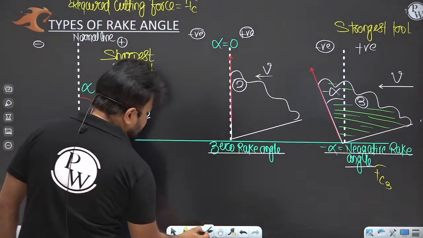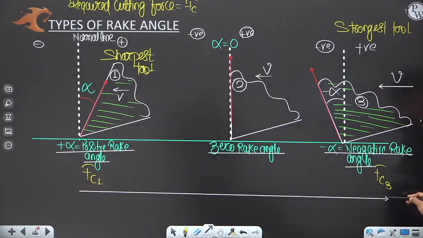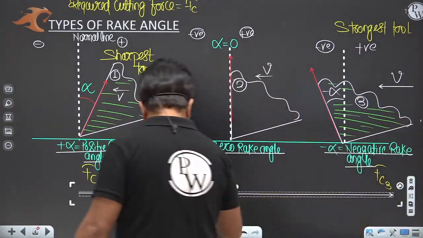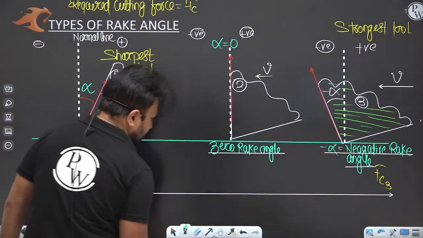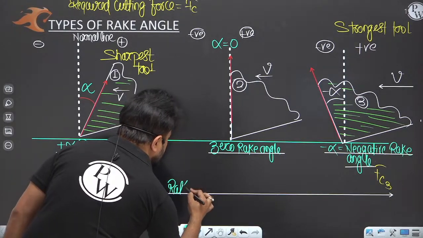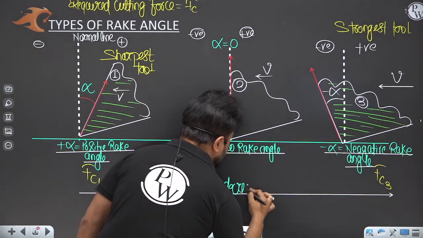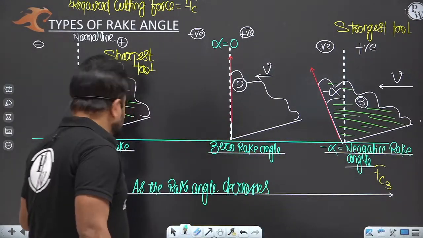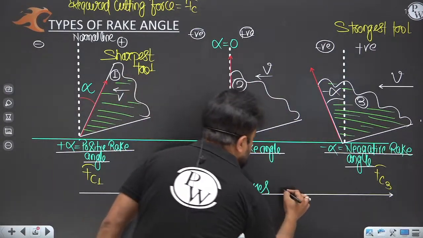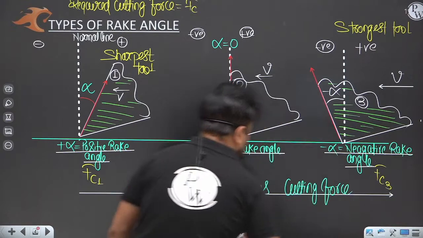As the rake angle decreases from positive to negative, the cutting force increases.